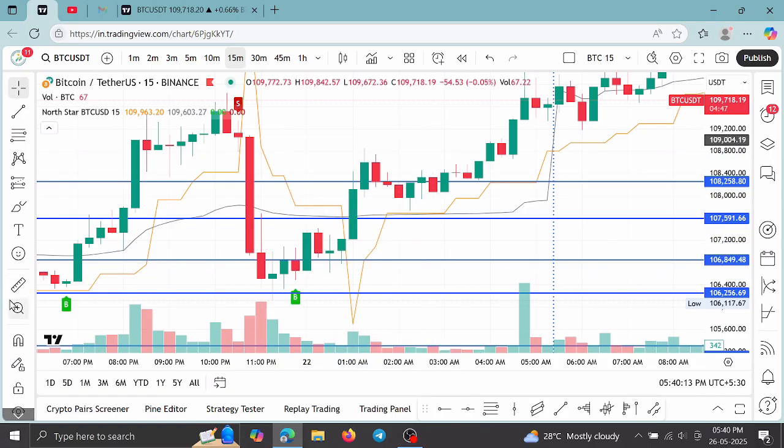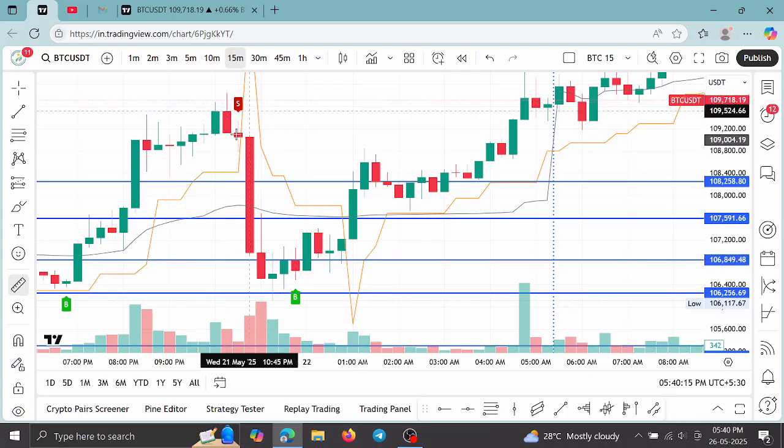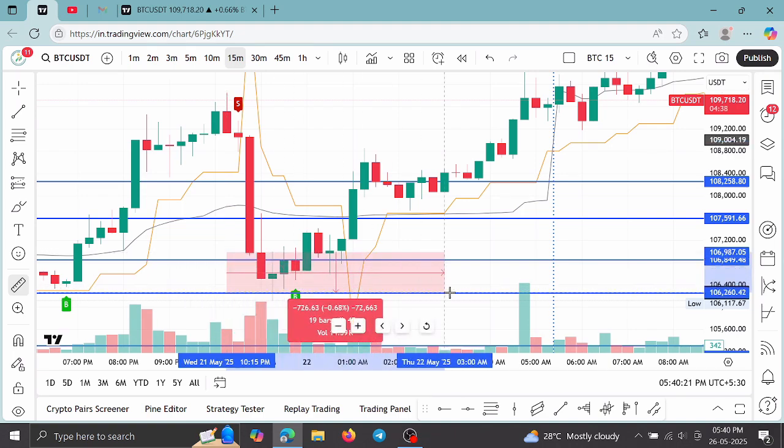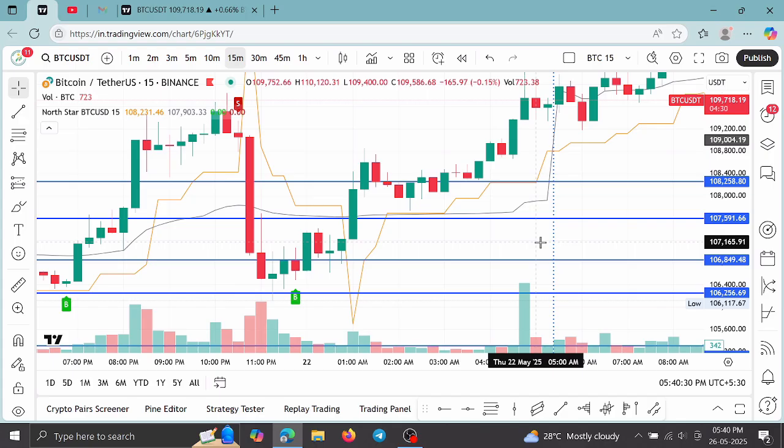But if you're kind of new, what is going to happen is that such a big candle is there. So what you can do is take a trade here and take profit at 0.68%. I hope you understood what I'm trying to say, right?